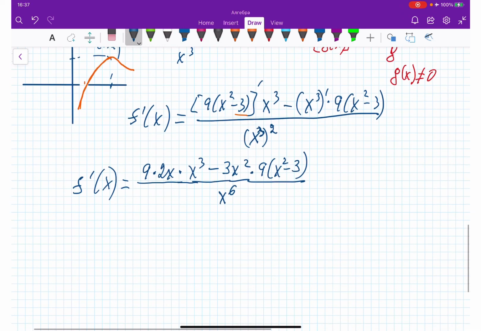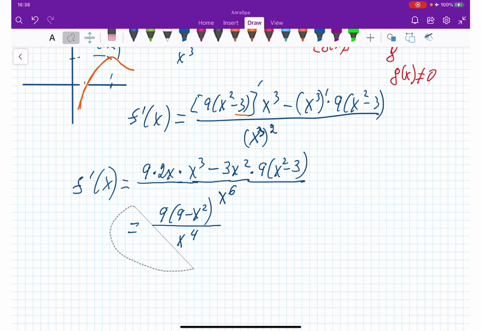So if we do simplification, it's going to get 9 times 9 minus x squared over x to the 4. So if somebody gets lost in these simplifications and you can't get the answer, type it in the comments and I will go step by step.